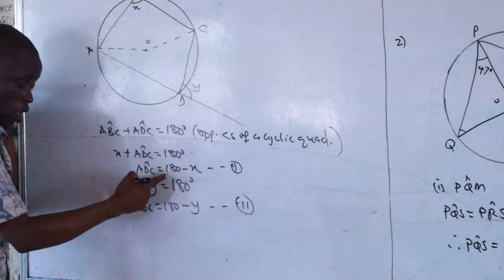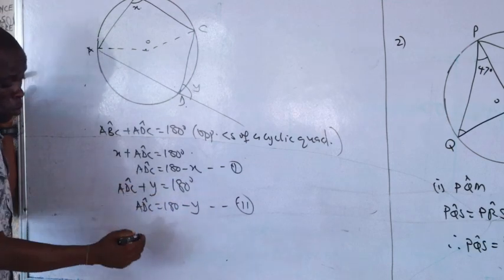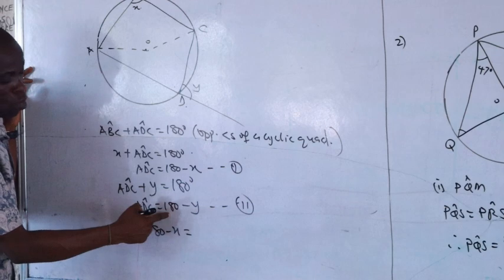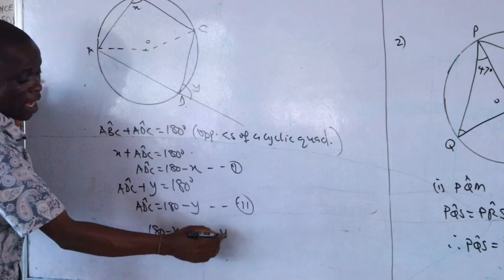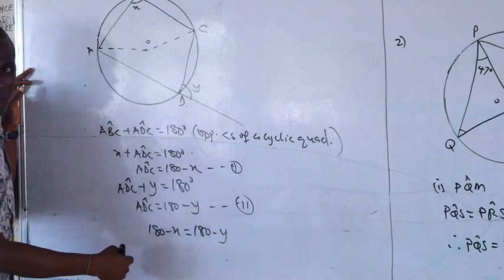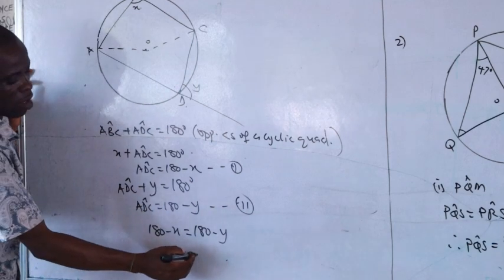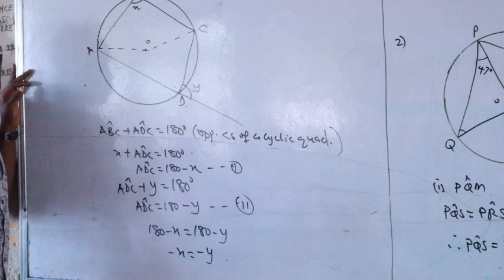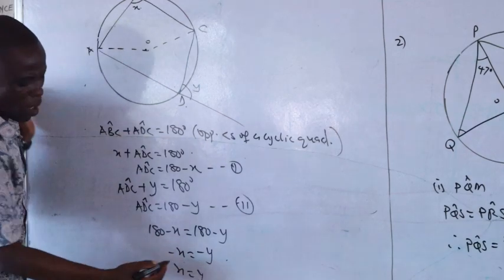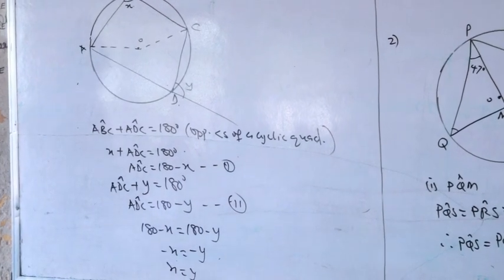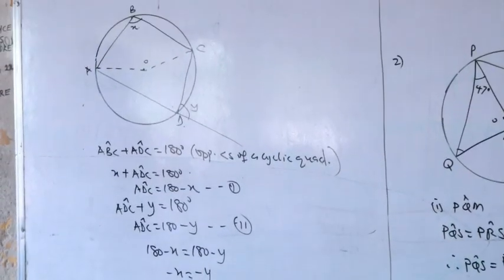I can now take what we have in equation 1, 180 minus X, and in equation 2, 180 minus Y. When 180 comes in, it will give us 180 minus 180, and that is 0. Minus X equals minus Y, where minus cancels minus, so X is equal to Y. That is, the exterior angle of the cyclic quadrilateral is equal to the interior opposite angle.